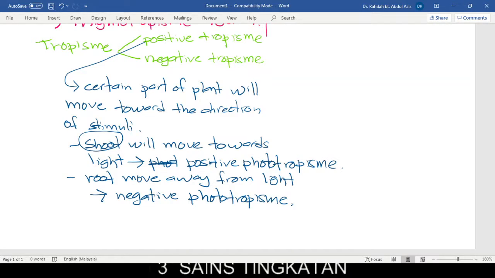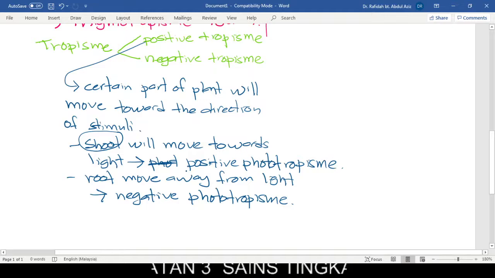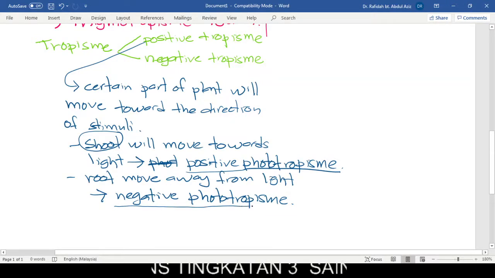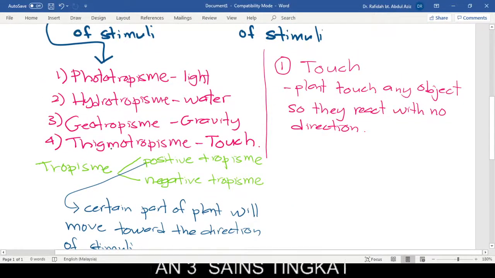Movement towards the direction of stimuli, we call positive phototropism, and for certain parts of plant that move away from the stimuli direction, we call it negative phototropism.